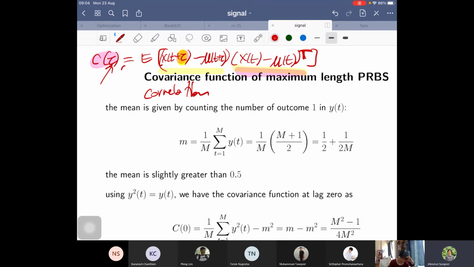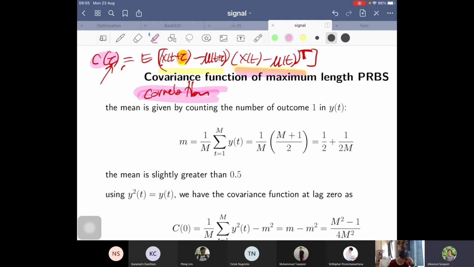Kanatat? This one I don't know. You must review. The reason why we want everyone to review is because this is background required by the course.